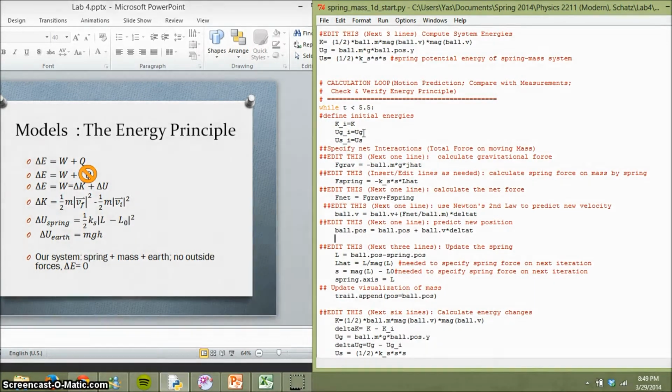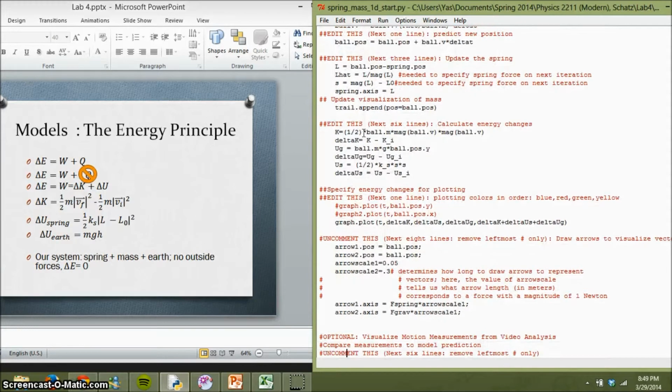These are going to be changing, so that's why we have to state another value for it. Next we have to update the new K's, the new UG's, and the new US's.